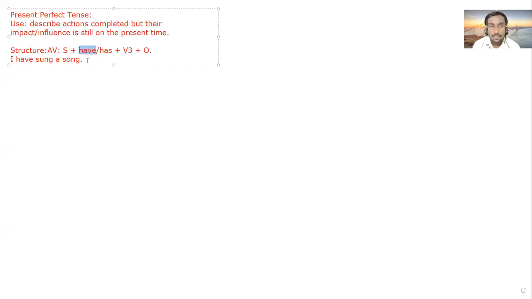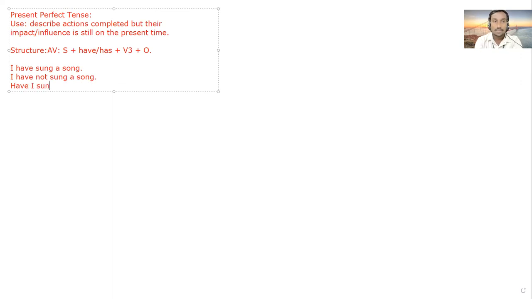So now if it is I have sung a song, we will take this example and make it negative. How to make it negative? I have not sung a song. Or you can use haven't also. Then tell me how to make it a yes/no question.